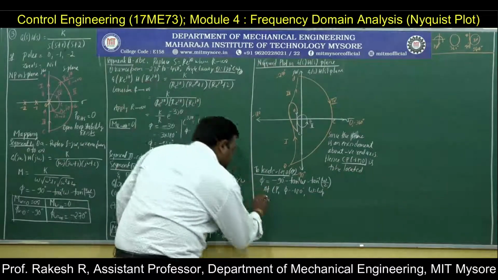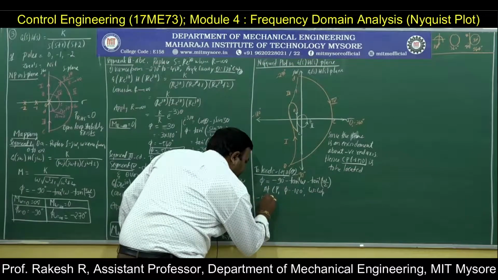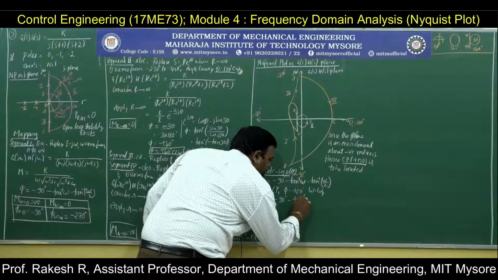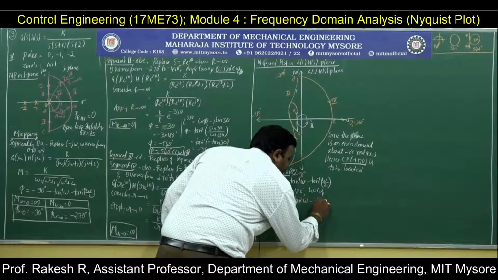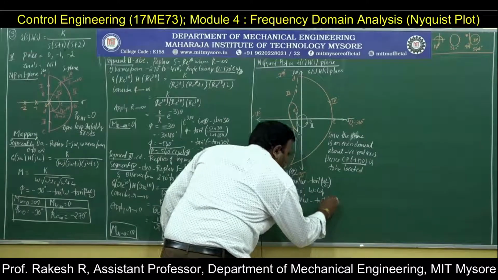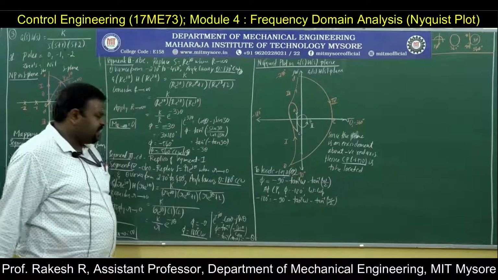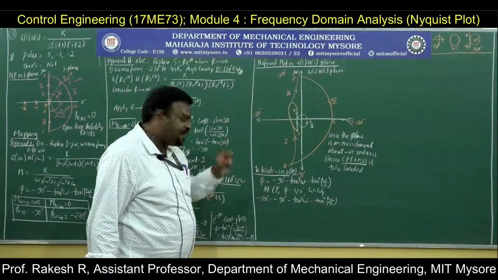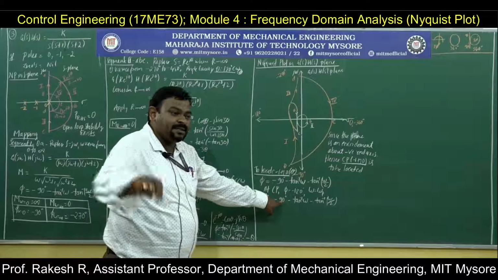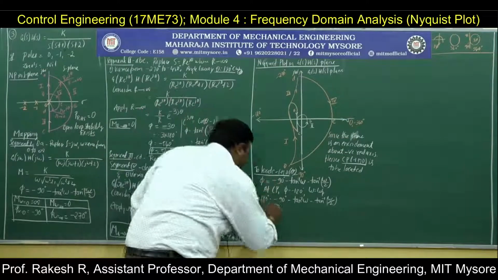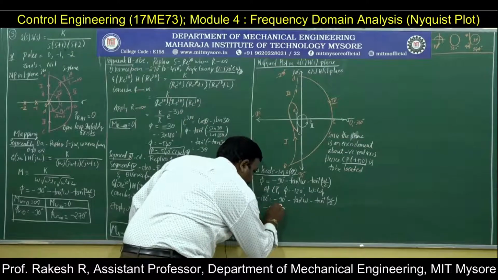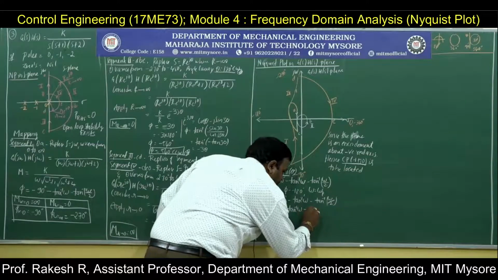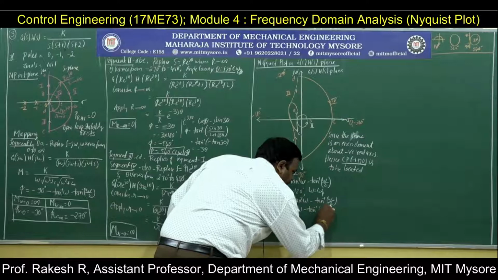So let us apply this condition. Minus 180 degree will be equal to minus 90 degree minus tan inverse of omega minus tan inverse of omega by 2. Taking 90 degree to the other side, minus 180 plus 90, it will be minus 90 degree equal to minus tan inverse of omega minus tan inverse of omega by 2.